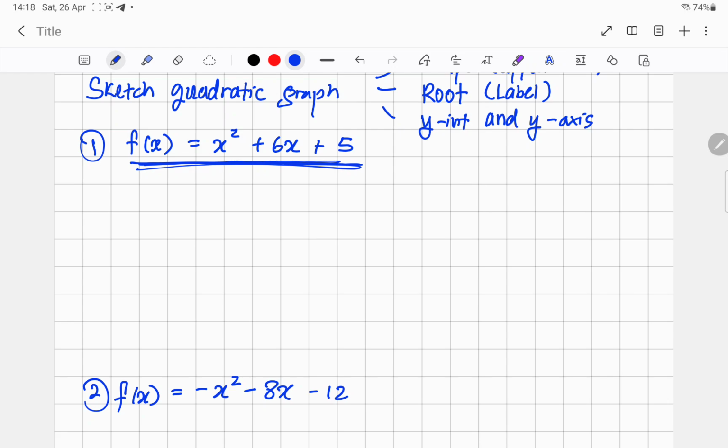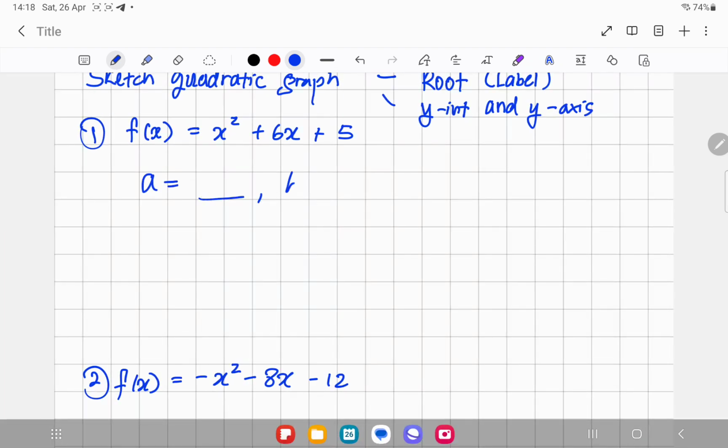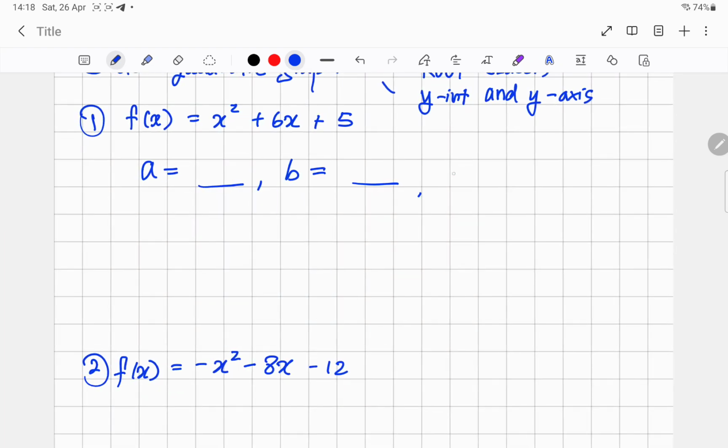The first thing I know is the shape. To know this, you must first know the A, B, and C. A is here 1, 1x squared. The x here is 6, then this one is 5.